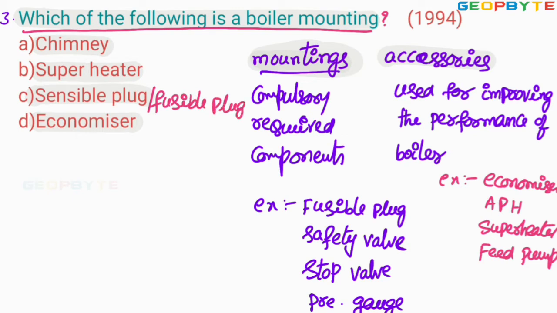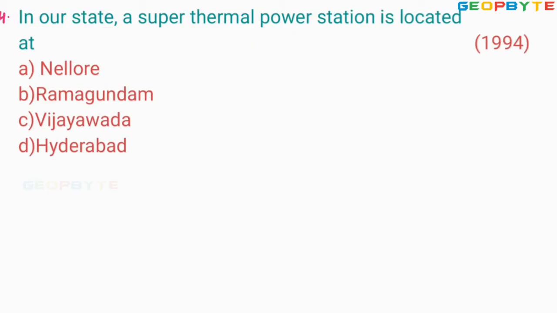Here the fusible plug is coming under boiler mountings. Therefore, option C is absolutely correct. I hope all of you clearly understood. Let us go for the next problem.